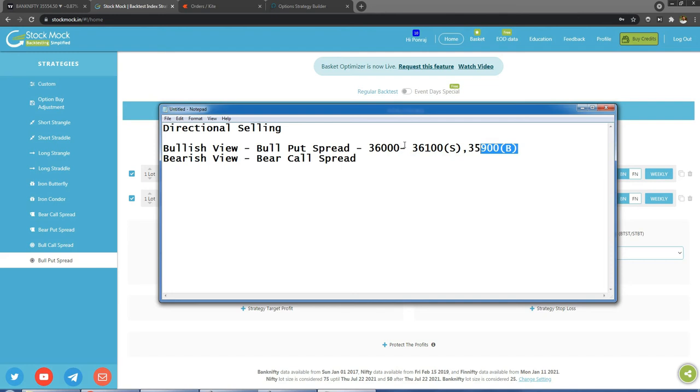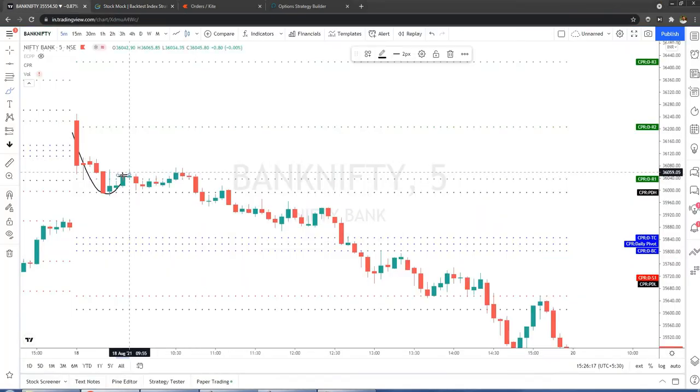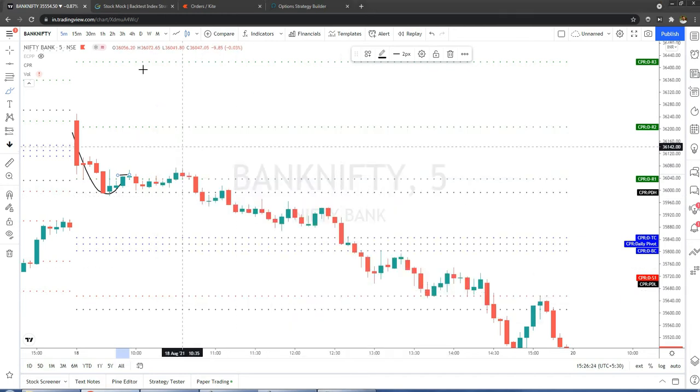Naked selling is not recommended. Naked selling means you don't have anything supporting that sold strike price, and if the market turns against you, you will end up with huge losses. That's the reason you have this hedge.